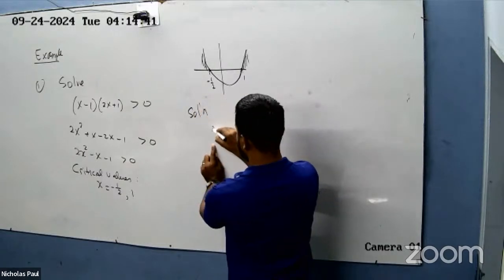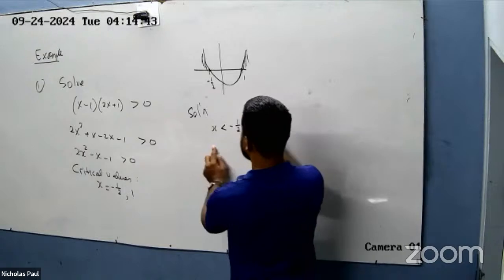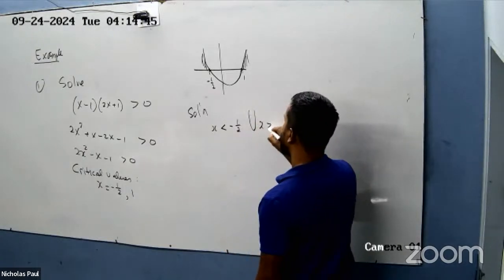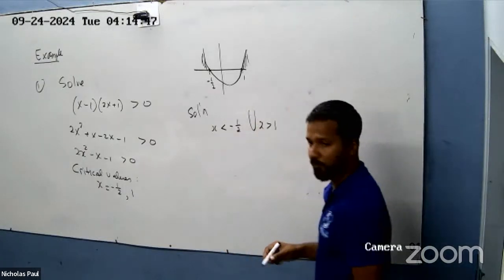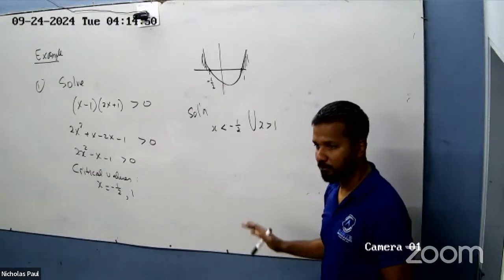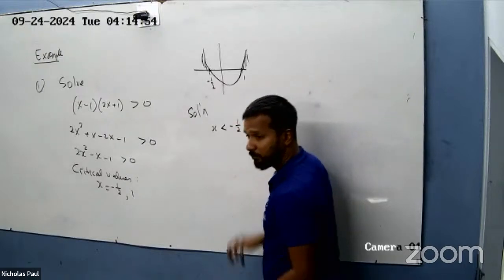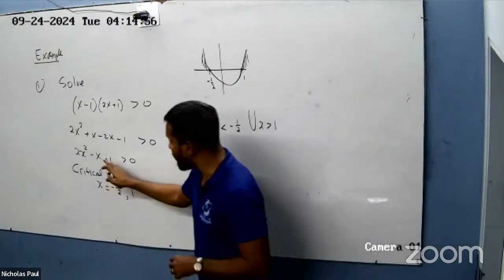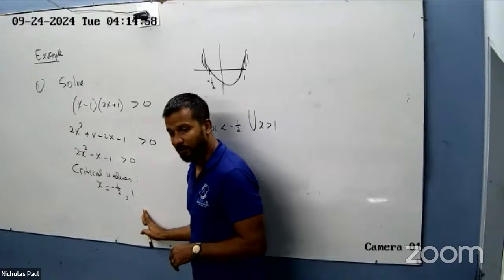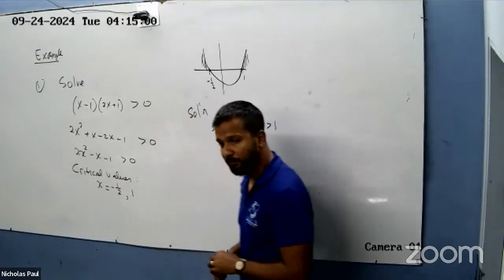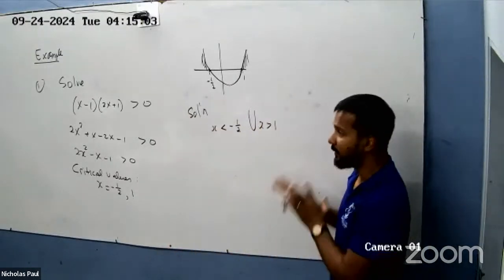The solution is x is less than minus a half together with x is more than 1. That's all you have to do. X is less than this, x is more than this. Put the smaller value first and the larger value after. Okay with that? That is your solution.